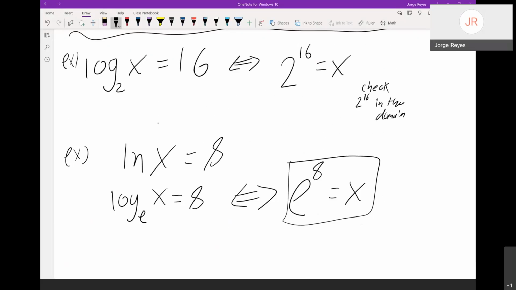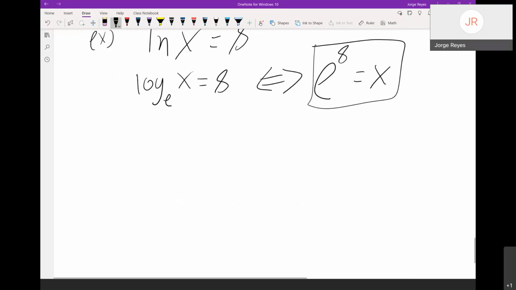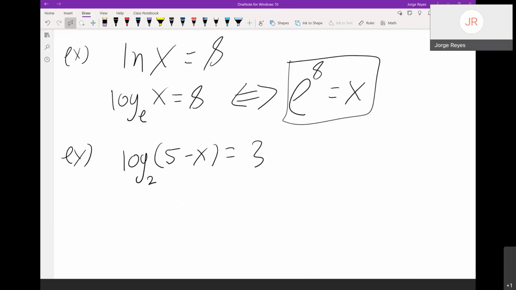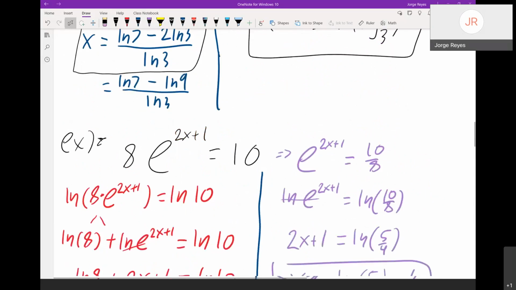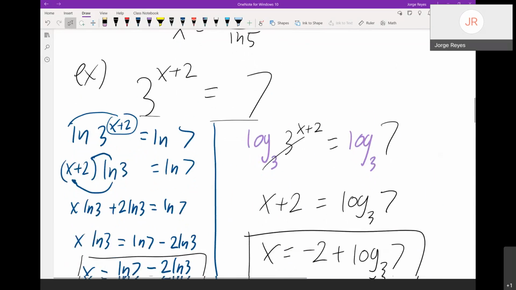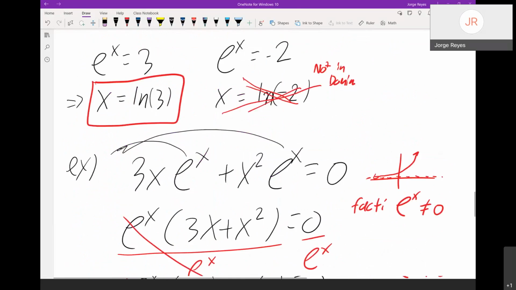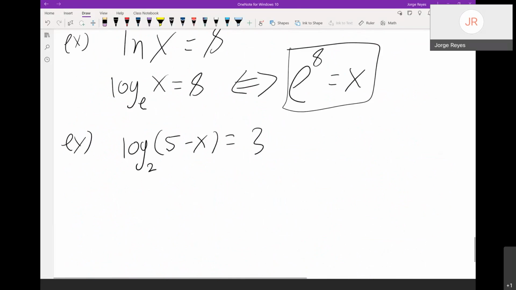All right, so that's the easy way-ish to solve these. Now when you get slightly more complicated ones, so log base 2 of 5 minus x equaling 3, how do you solve this? Well, the answer is basically you do the opposite of what we did to solve exponential equations. Here, I am going to, in quotation marks, 2 everything.